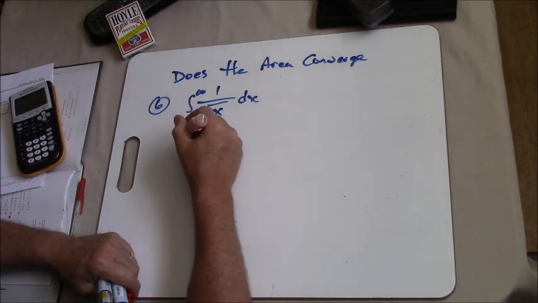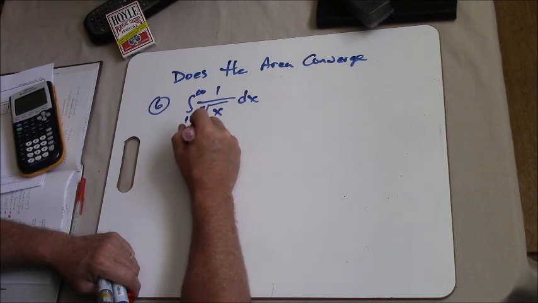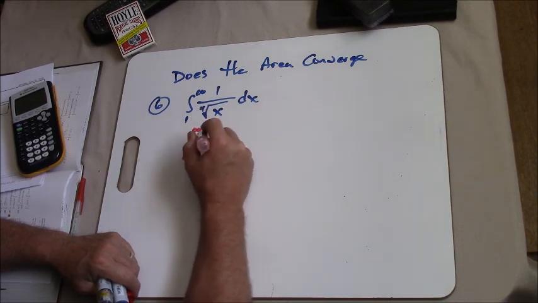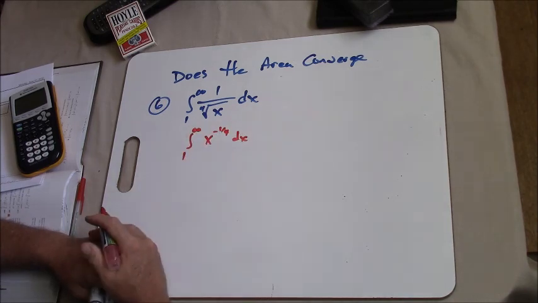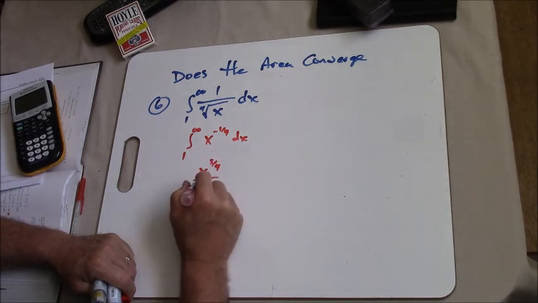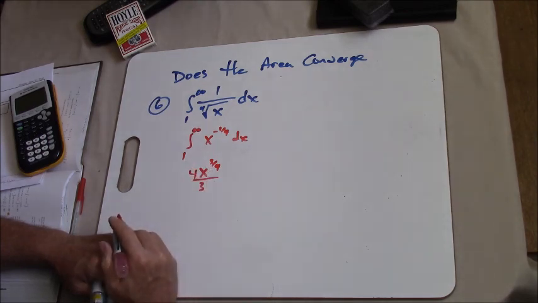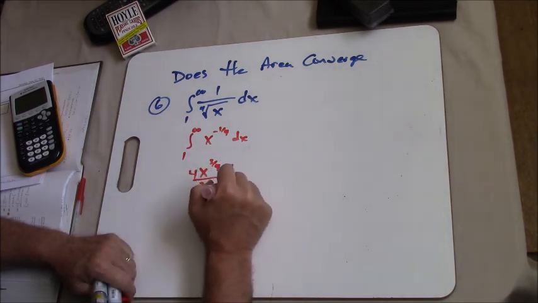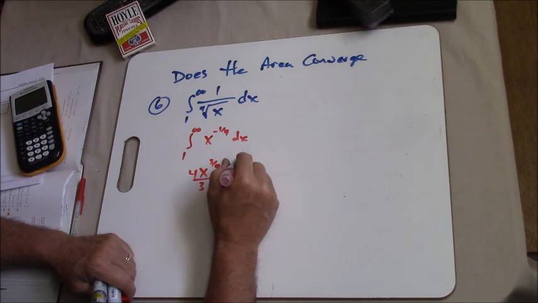All right, so I'm going to rewrite this integral as the integral from 1 to infinity of x to the negative 1/4 dx. If I add 1 to the exponent, I get x to the 3/4 divided by 3/4, which means I'll multiply by 4/3. And then I'll evaluate that from 1 to infinity.